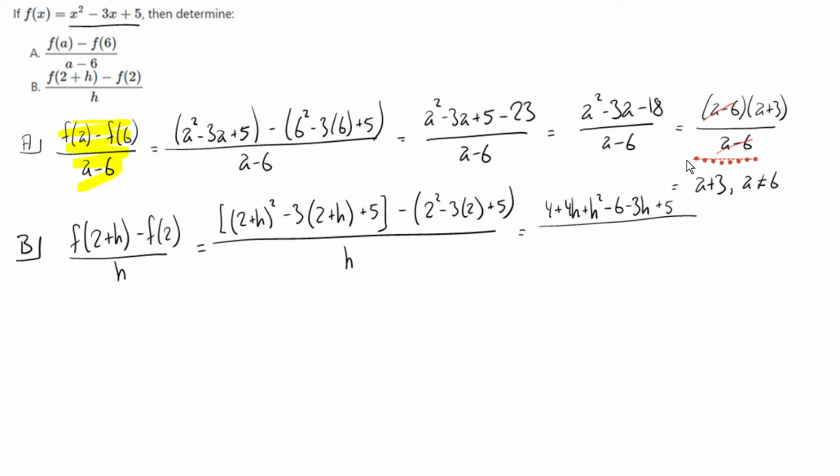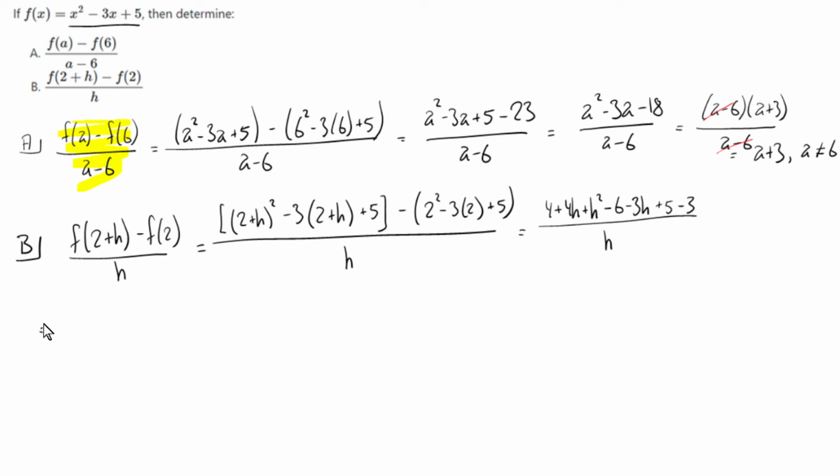I'm going to see if I can move this out of the way. Like that. And then for the second bracket, 2 squared minus 3 times 2 plus 5, that equals 3, divided by h.